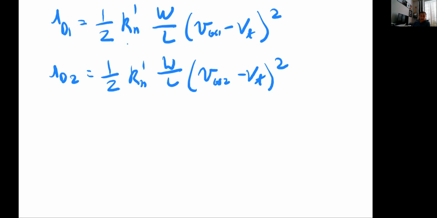So I can write that the square root of the drain current of transistor 1 is equal to the square root of this quantity.